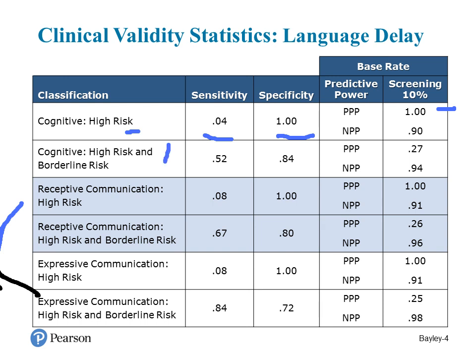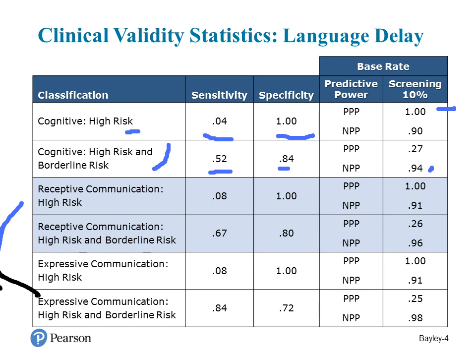When we combine the high risk and the borderline risk categories, notice that sensitivity increases to 0.52 and specificity is 0.84. And notice your negative predictive power over here of 0.94.